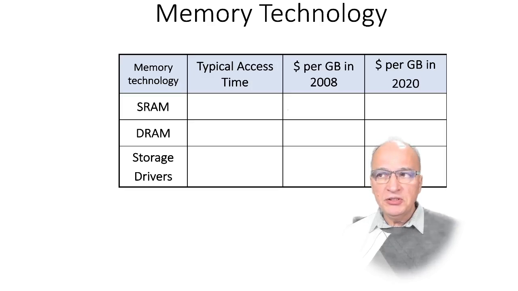One of the technologies that we need to consider is SRAM, which stands for static RAM. Static random access memory is a memory where, as long as I provide energy to the device, the data will remain stable in the device indefinitely.